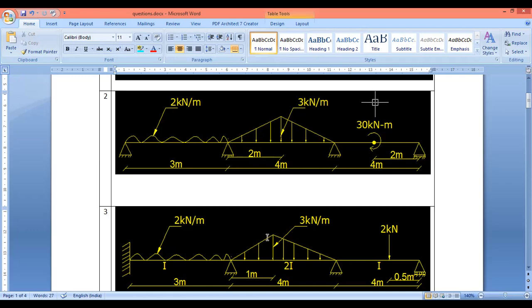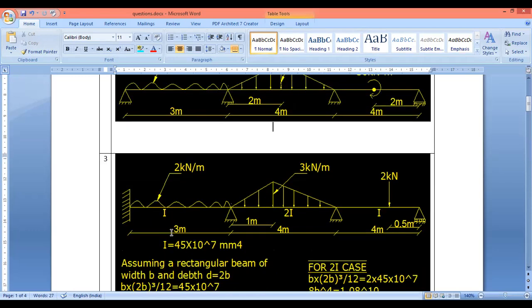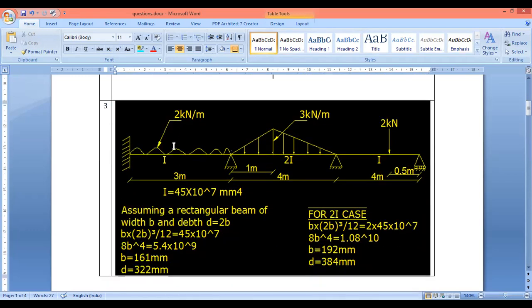Right? And also, here it can be observed that the moment of inertia for the first beam is I, for the second beam it is 2I, and for the third beam it is I again. Now, in such cases, if we do not consider the I values, then there will not be as such any difference in the analysis results.